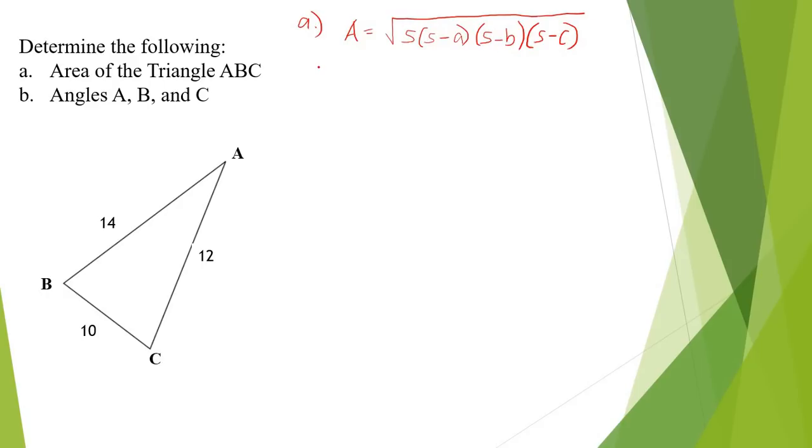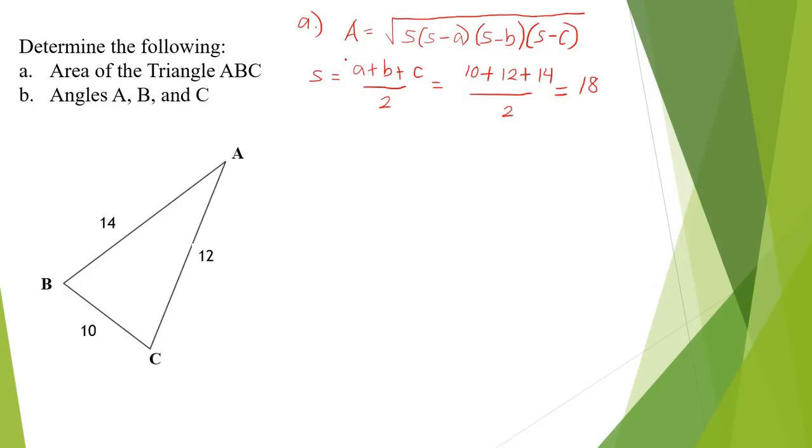And take note that our S is simply equal to A plus B plus C over 2, which is equal to 10 plus 12 plus 14 over 2, which gives us a value of S equal to 18.